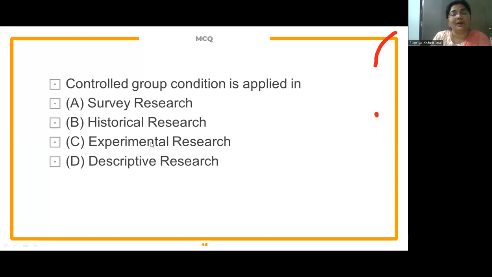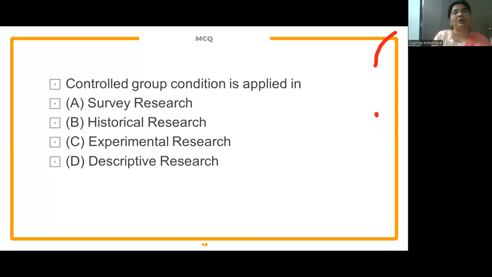ठीक है. अब हमारा एक्सपेरिमेंटल रिसर्च जो है ये कंट्रोल में है, हमारे कंट्रोल में है x+2 = y, राइट. So we can say here the experimental research is a control group condition. Okay. तो ये डिस्क्रिप्टिव नहीं हो सकता है, ये सर्वे नहीं हो सकता है, because survey research is not dependent. Okay. So whatever the data we are getting from the people, that is not controlled.